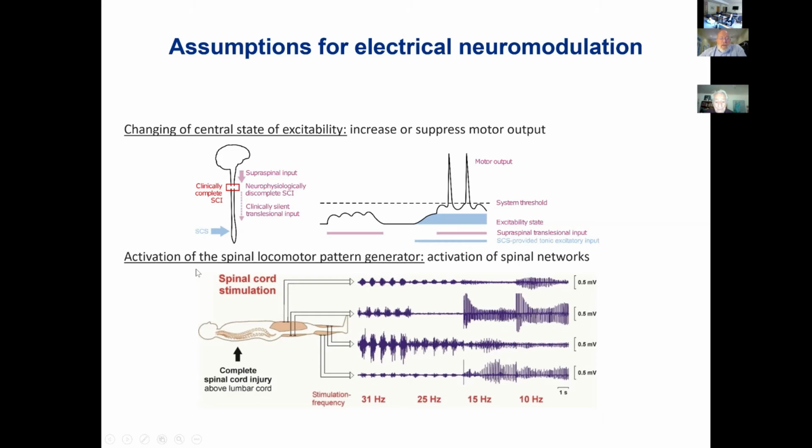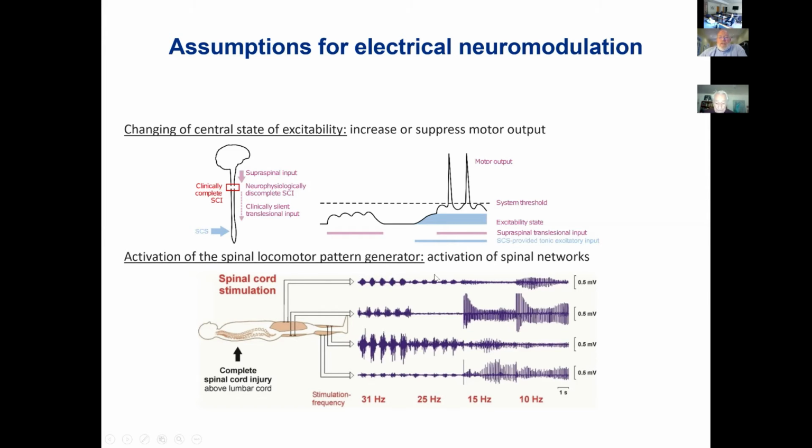The other thing we talked about was the activation of the neural circuitry that may make up a pattern generator for locomotion in the spinal cord, whether that's a hardwired network or a state that interneurons can achieve. We certainly know enough about reflexes of 1A inhibition and cutaneous reflexes, flexor reflex responses.